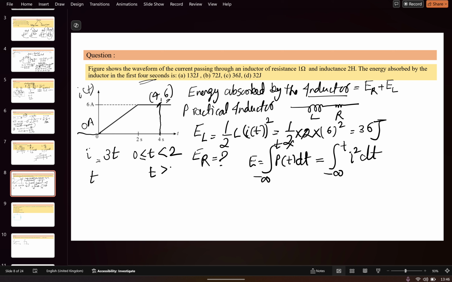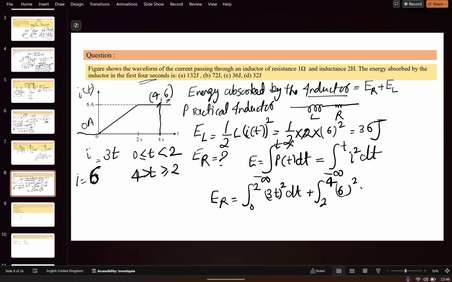Greater than 2, till 4, it is a constant 6 amps. So E_R is equal to the integral from 0 to 2 of (3t) square dt plus the integral from 2 to 4 of 6 square dt.